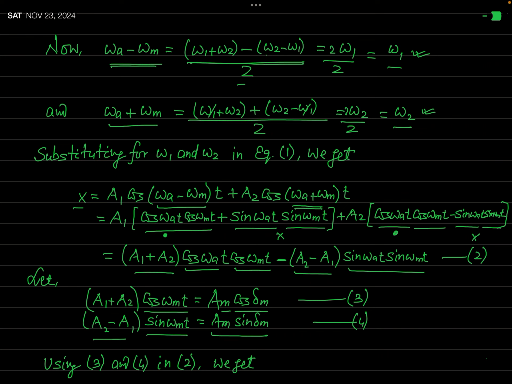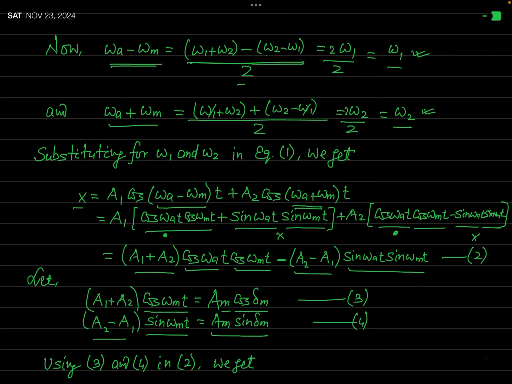Here Am and delta m are both unknown. Am is the amplitude of the modulated oscillation, and delta m, you will see, will be the phase constant of the modulated oscillation.